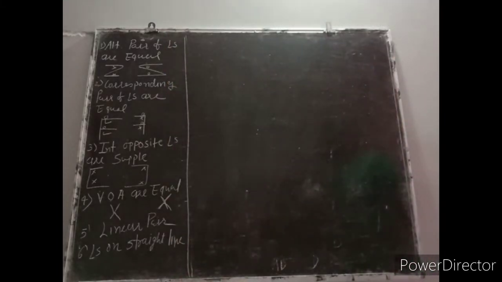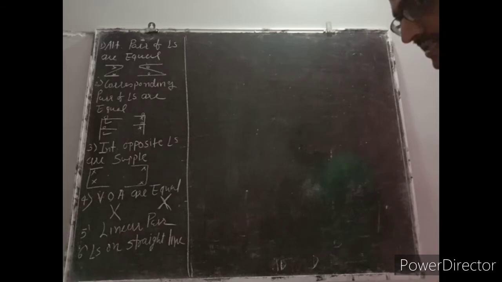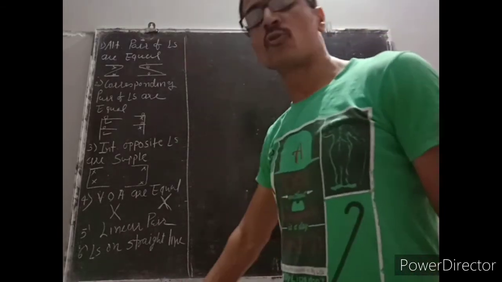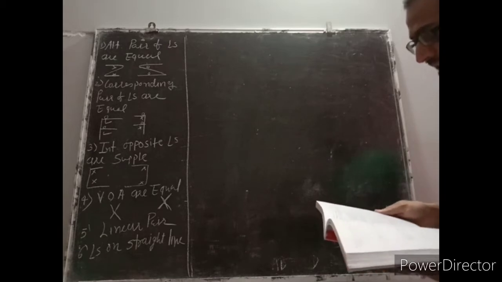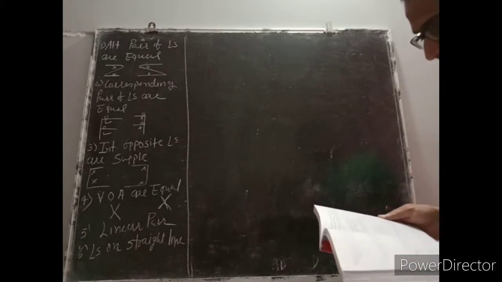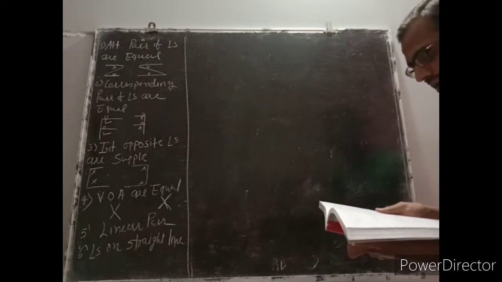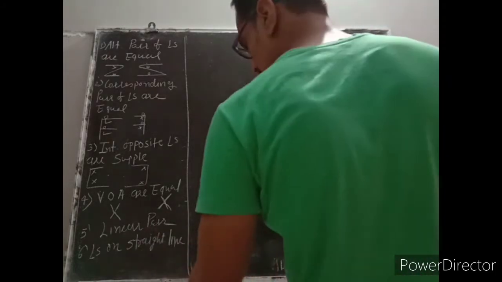So 6.2 is over. Before starting exercise 6.3, we will prove one theorem. The most important one: the sum of the angles of a triangle is 180 degrees.